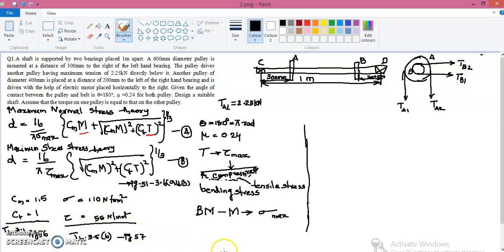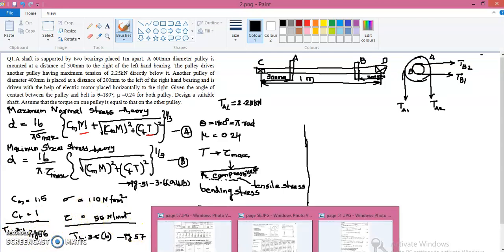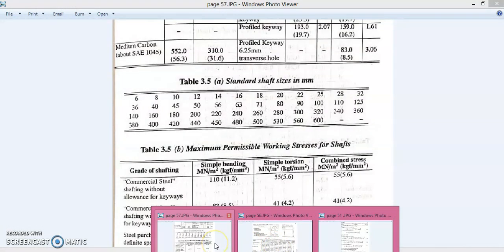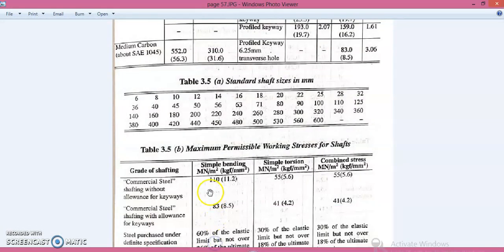Now we will find the value for the normal stress and the shear stress. From table 3.5b, we can take commercial steel shafting without allowance for keyways. For simple bending, the normal stress is equal to 110 Newton per millimeter square.